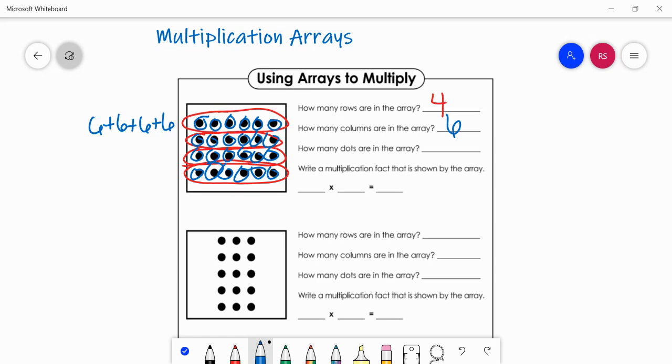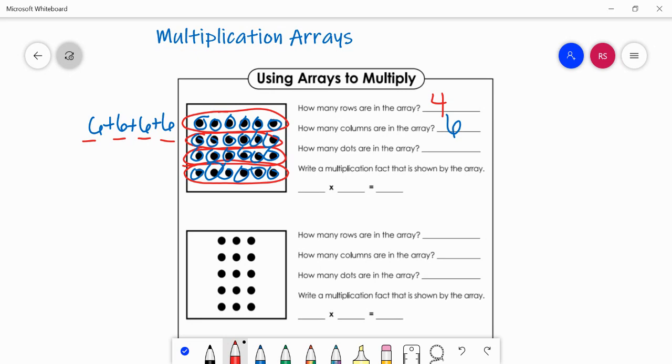And that would tell me how many I have in this entire array because I have 4 groups. 1, 2, 3, 4. And inside of each group, there are 6 dots. So I could just use my repeated addition. However, we are switching gears to multiplication, but we know that repeated addition is the same thing as multiplication. I can do a repeated addition problem and get the same answer by multiplying.